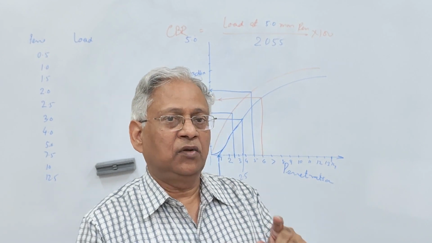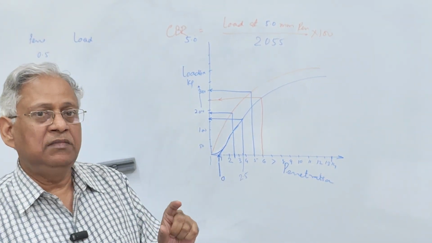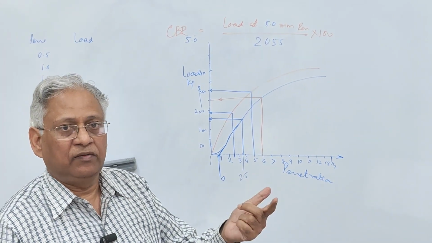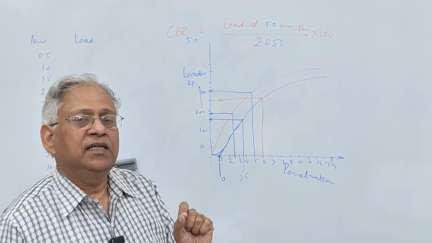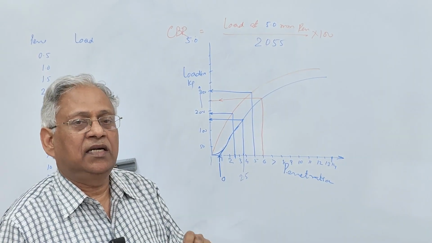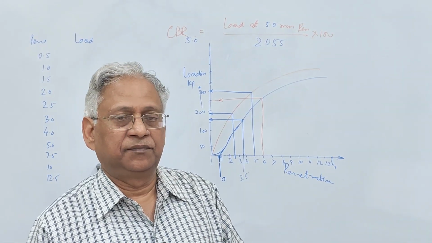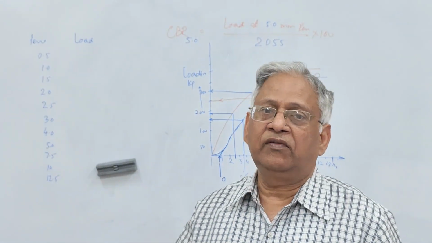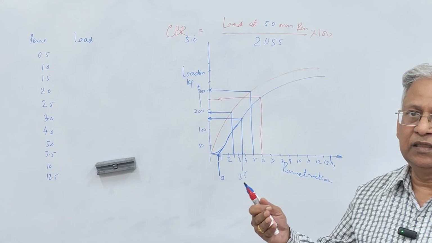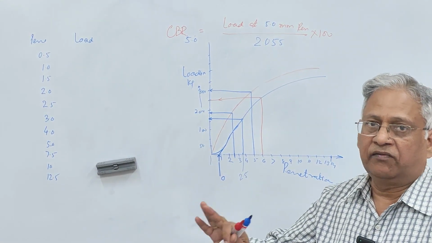But if during your experiment CBR at 5 millimeter is coming higher than CBR at 2.5 millimeter, then in that case what IS code suggests is that the test should be repeated. And after repetition, if you again get the higher value at 5.0 millimeter penetration, then accept the higher value.